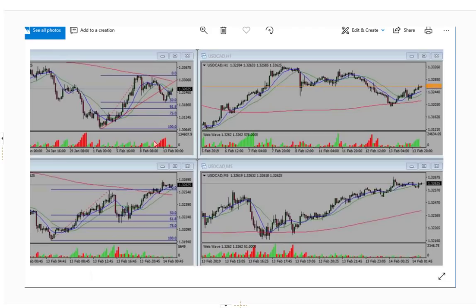On all of my charts, I always label everything the same. The moving averages are the same. The red is the 200 period, the blue is the 10 period, and the green is the 20 period. All simple moving averages. Okay.